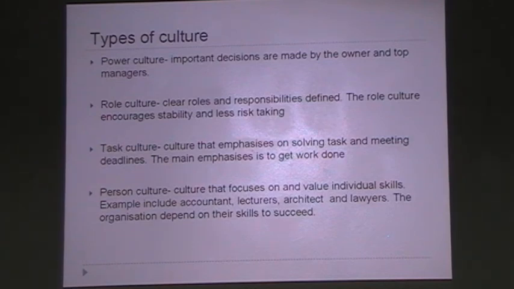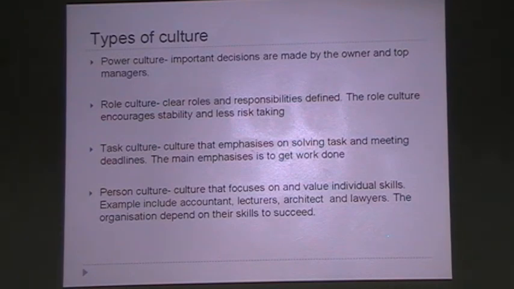If you look at the power culture, important decisions are made by the top managers. Therefore, the lower ranking officers or staff are given less room to contribute to the success of the organization. However, one of the advantages is that decision making is very fast.